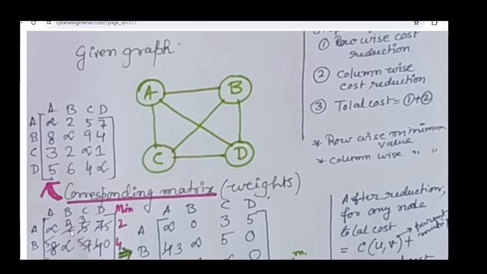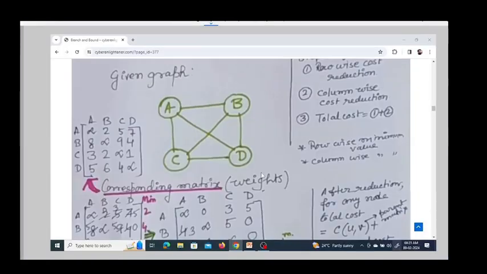What is the minimum value in this row? 2. 2 will be reduced. So infinity minus 2 is infinity, 2 minus 2 is 0, 5 minus 2 is 3, 7 minus 2 is 5.